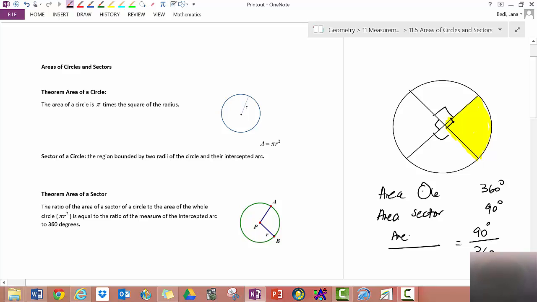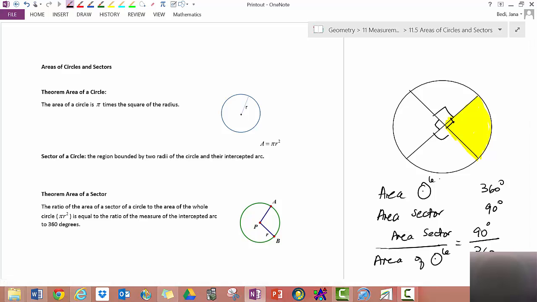So area of sector over area of circle. That's terrible handwriting, but you can deal with that. And let's be consistent here. If you look at the theorem on the left, it says the ratio of the area of a sector of a circle to the area of the whole circle is, the area of the whole circle is pi r squared.